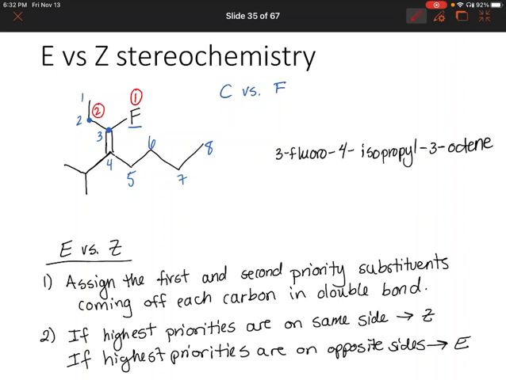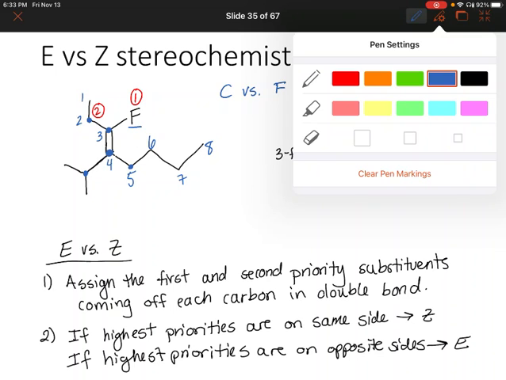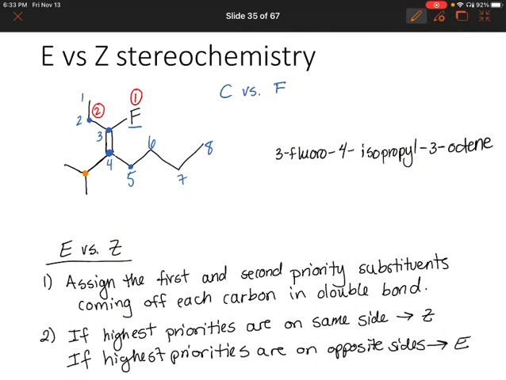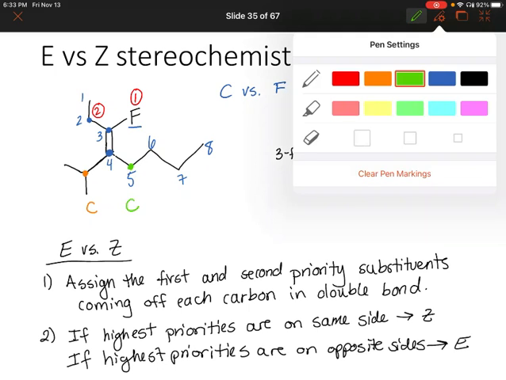Okay, so now down below, let's look at carbon 4. Let's figure out which group has first priority. Initially, we're comparing 2 carbons on the left and the right, and let's see what those carbons are bonded to. I'm going to highlight the carbon to the left in orange, and we're going to compare the orange carbon to green.